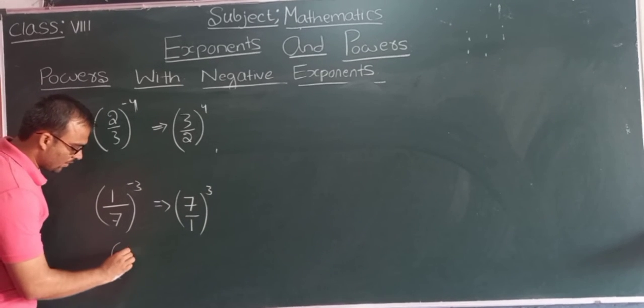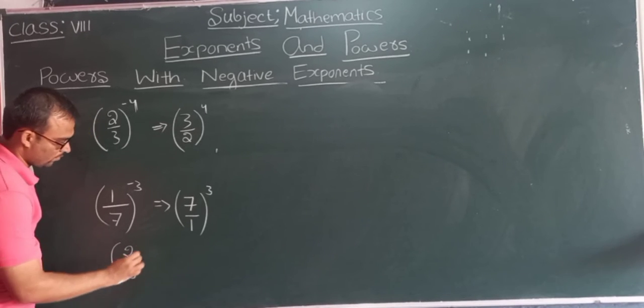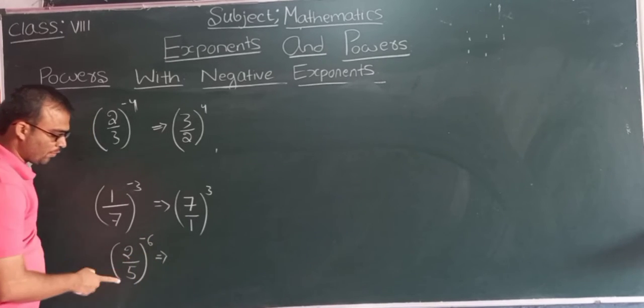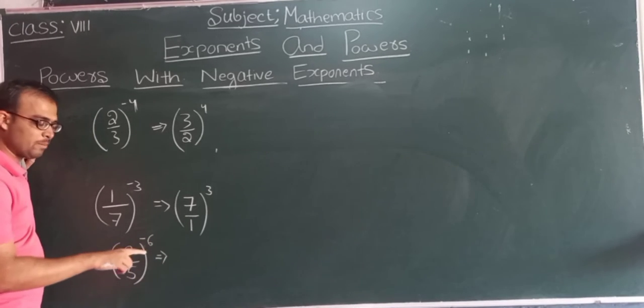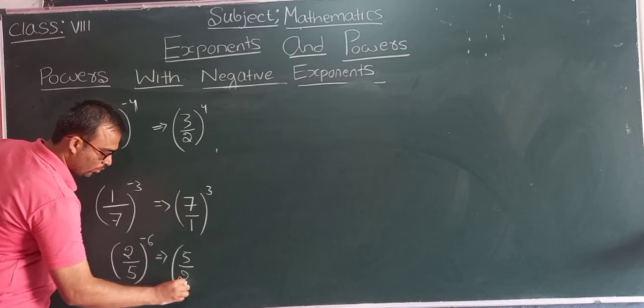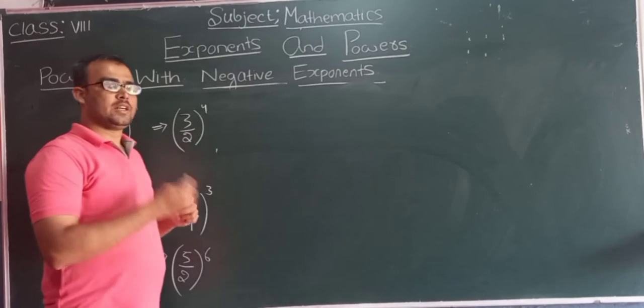For example, 2 by 5 whole to the power minus 6 is there. If you want to express this negative power in terms of positive, then reciprocal it, that is 5 by 2 whole to the power 6. Then reverse.